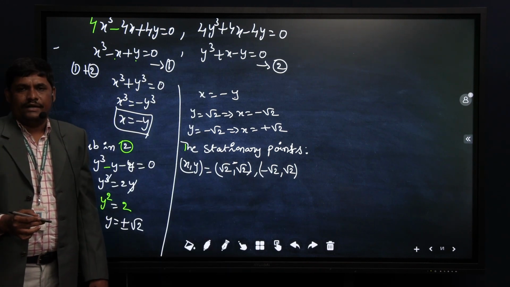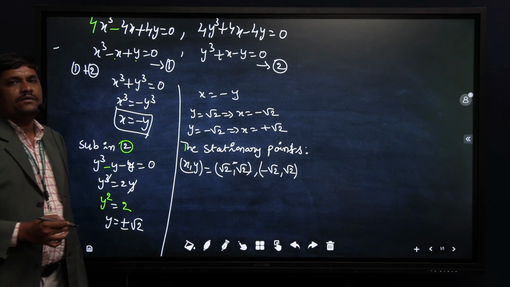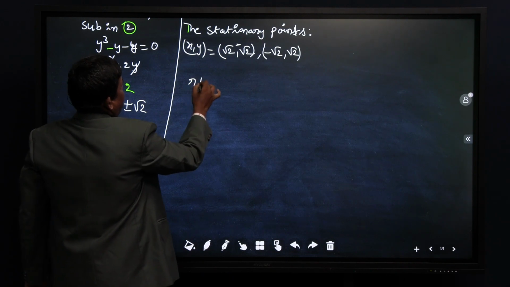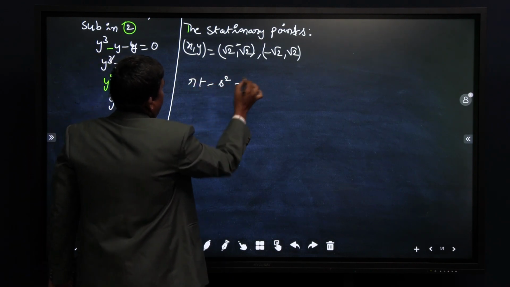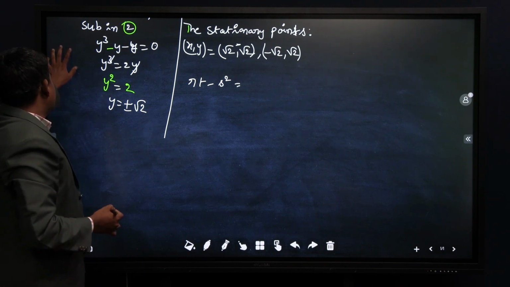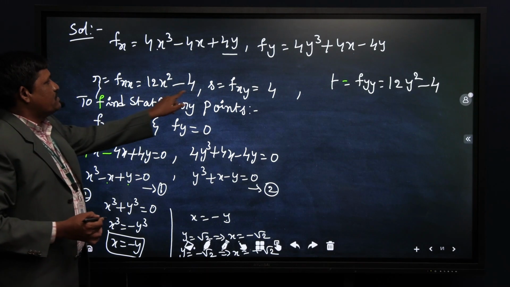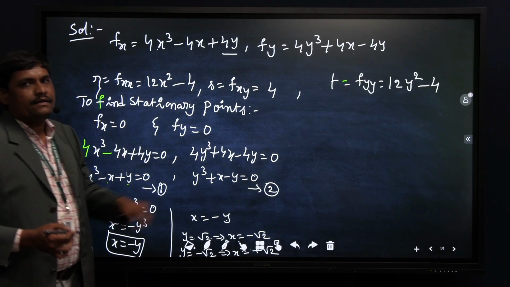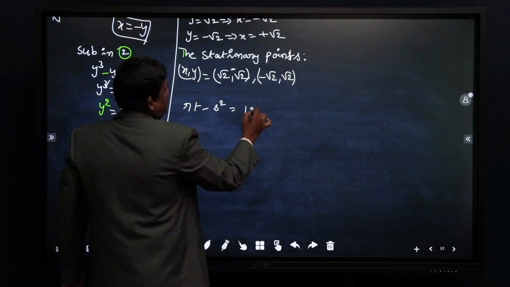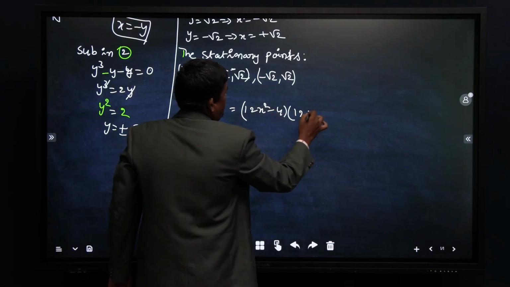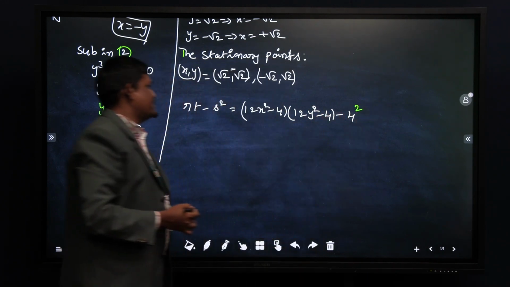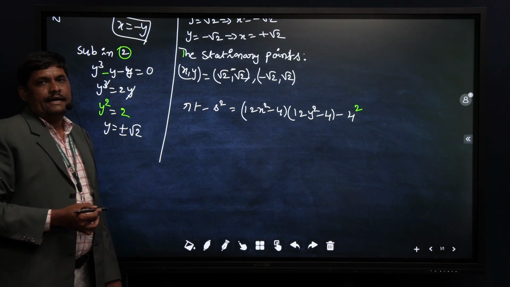Once you get stationary points, let's substitute in the second order partial derivatives, rt minus s square. Now rt minus s square is equal to, so what is r, what is t, what is s square? We got here r is 12x square minus 4, t is 12y square minus 4, and s is 4. Substitute there: 12x square minus 4, 12y square minus 4, minus 4 square. I substituted r value, t value and s value.